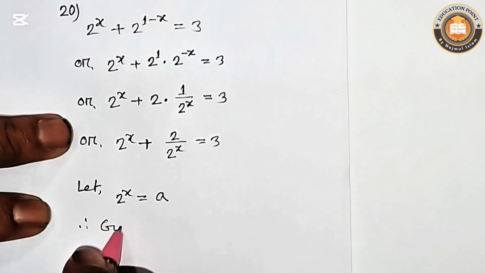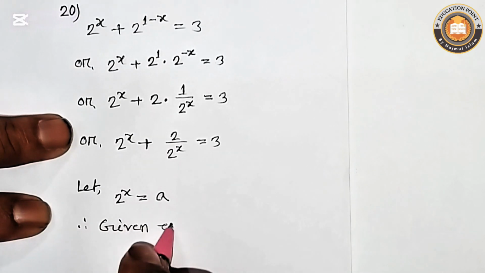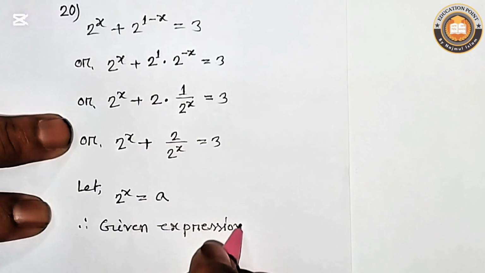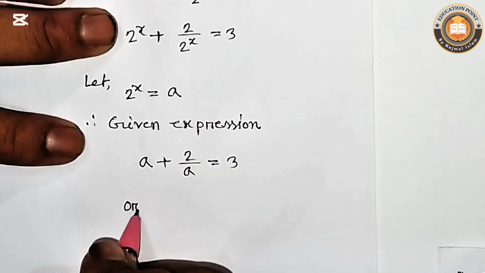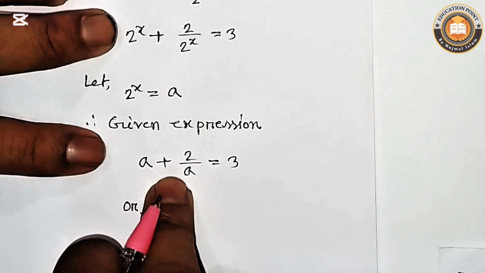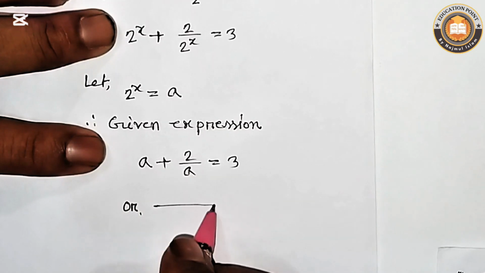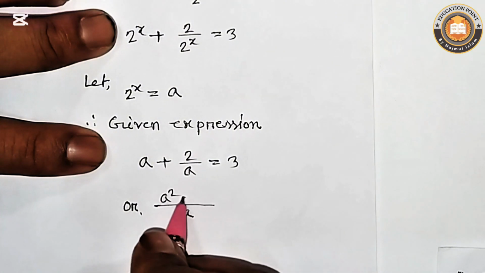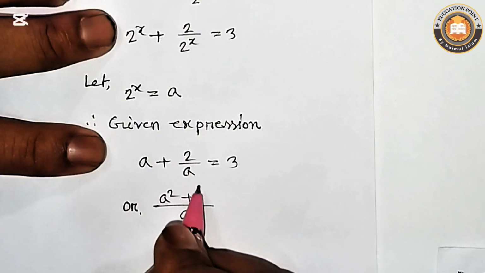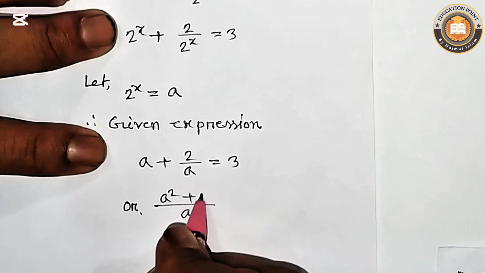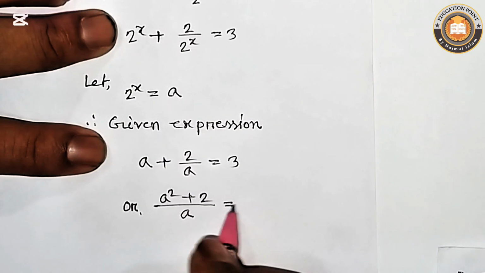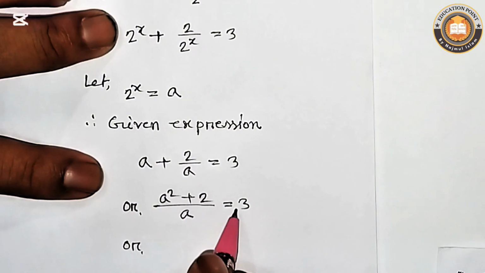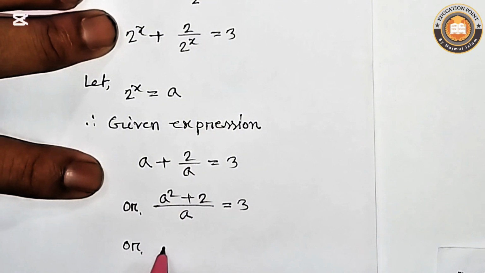So the given expression, or here we will apply the addition rules. Here LCM a multiply with a equal a square, plus a divided by a equal 1, 1 multiply with 2 equal 2 equal 3, or here we apply the cross multiplying rules.